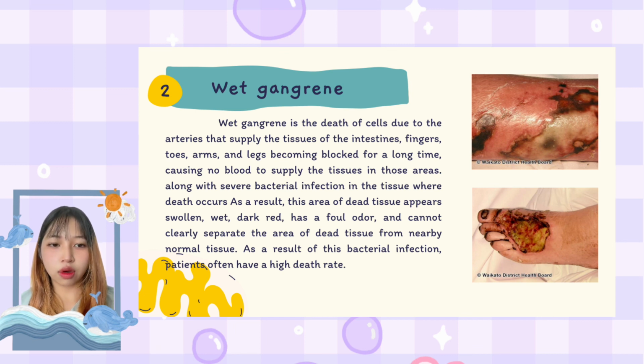As a result, this area of the tissue appears swollen, red, dark red, has a foul odor, and cannot be clearly separated from nearby normal tissue. As a result of this bacterial infection, patients often have a high death rate.